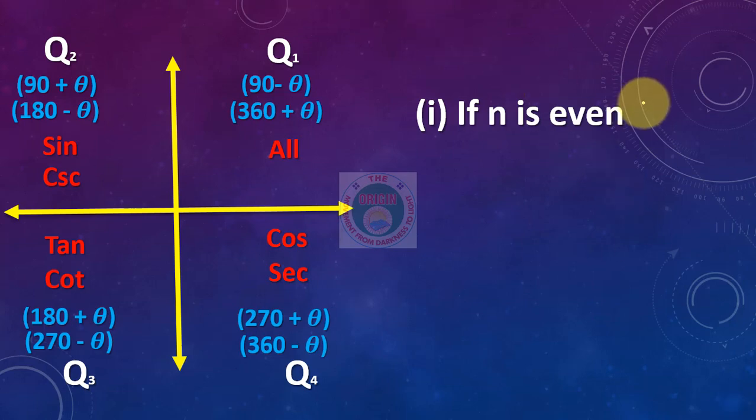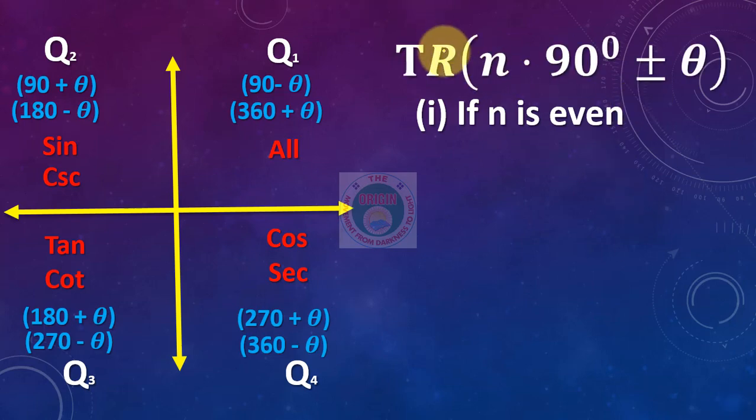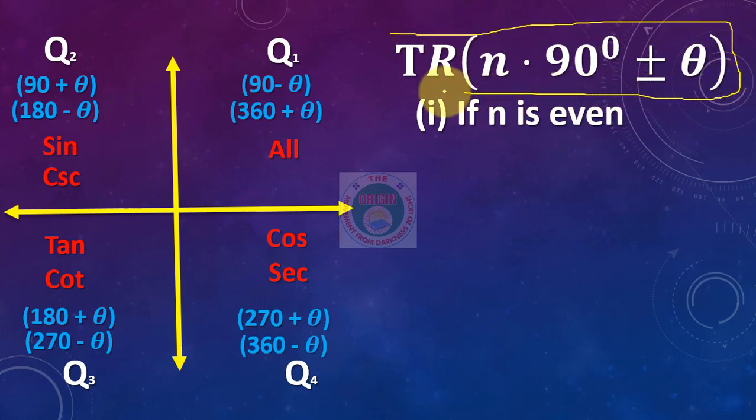Look at this: if you want to find any angle, it should be in this form. TR is nothing but trigonometric ratio, whatever it may be, sine, cos, tan, n into 90 plus or minus theta. So this is the form. You should remember that one: trigonometric ratio of n into 90 degrees plus or minus theta.